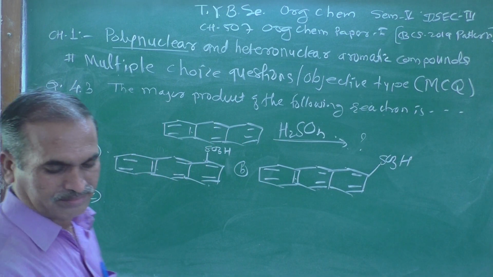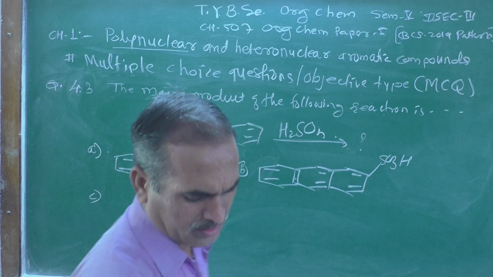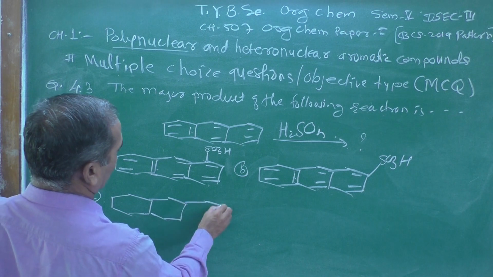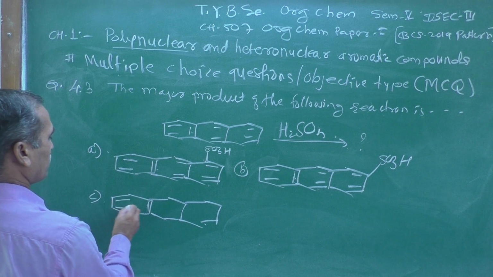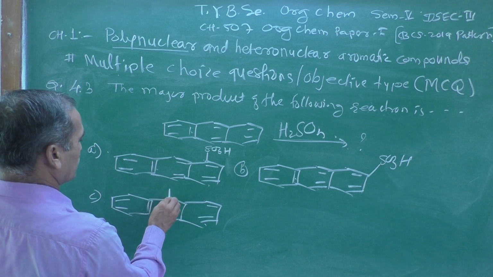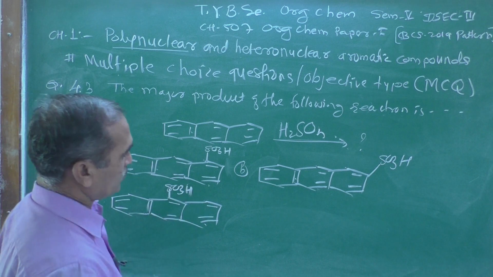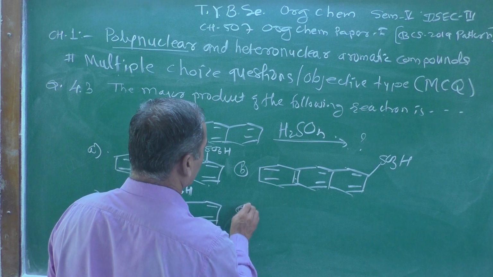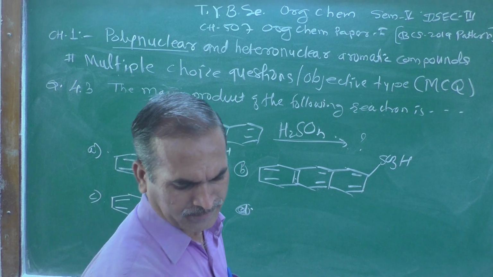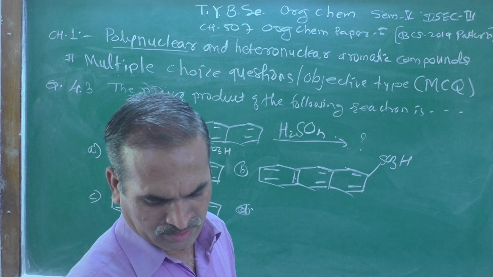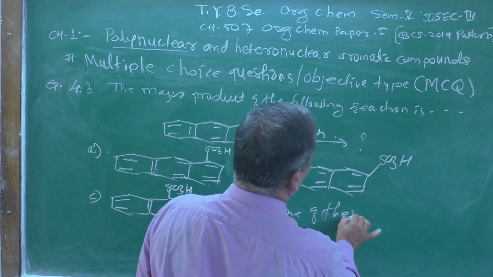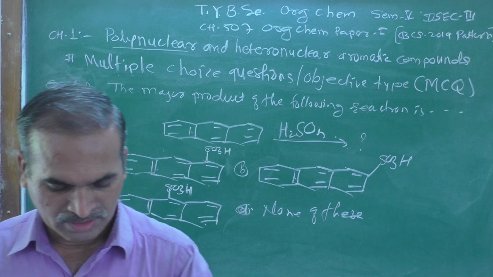In C, I am showing the structure of anthracene, and SO3H is attached at the 9 position. And option D is none of these. What do you think?